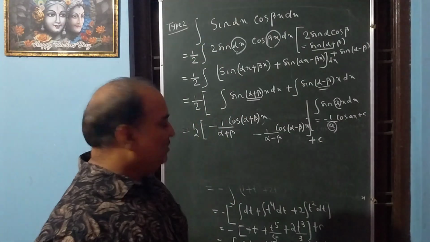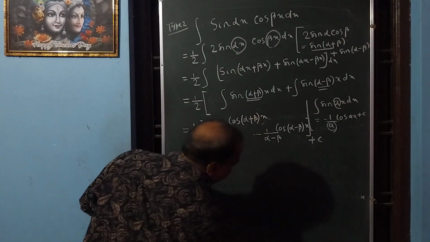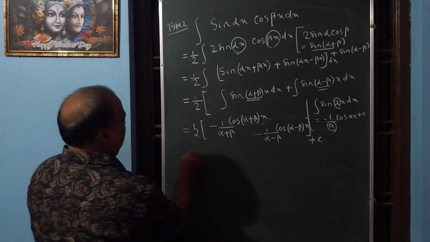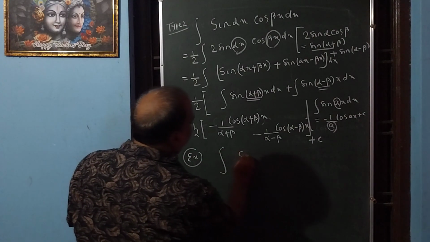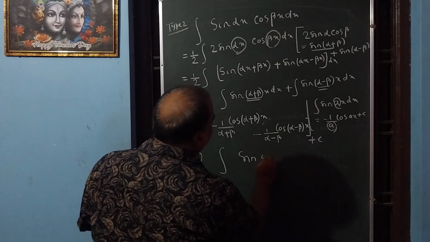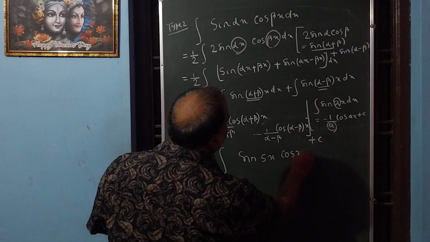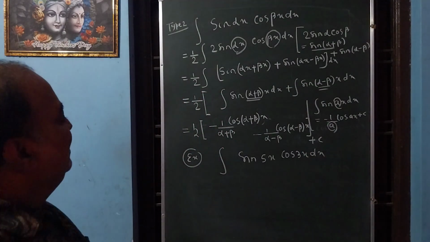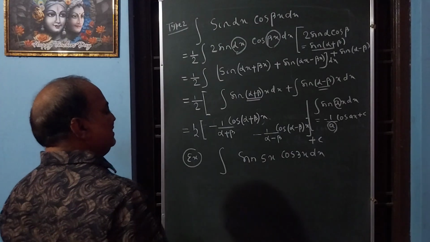So let us take one example. Write down one example of this type. Integration of sin 5x cos 3x dx. You see here sin 5x cos 3x. The question will be coming like this.